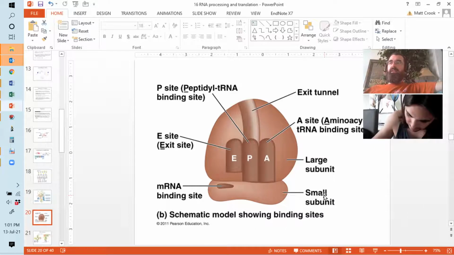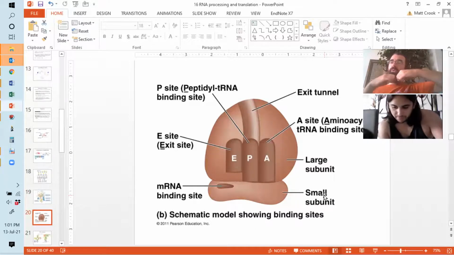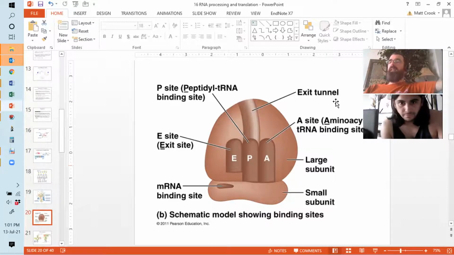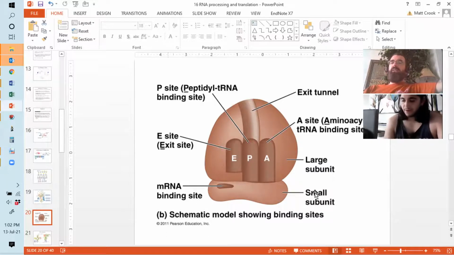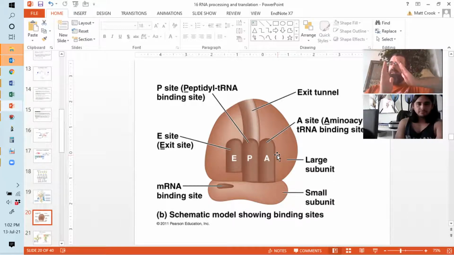And then we need to form a peptide bond between adjacent amino acids in the ribosome. It's a very specific process, so keep those different steps in mind. We need the mRNA, we need our charged tRNAs, and we need to bring those amino acids on the charged tRNAs together so we can form a peptide bond between them.